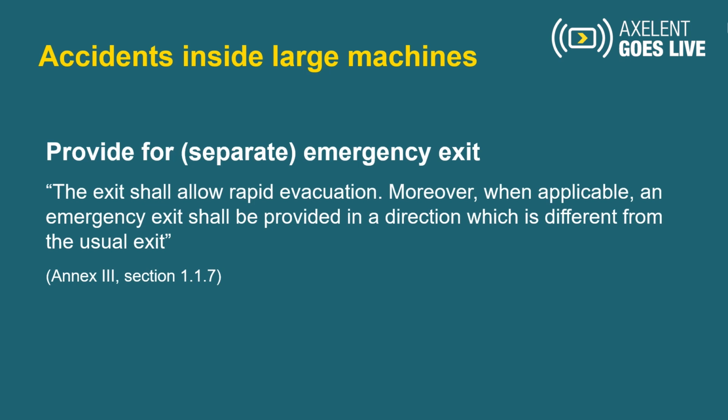One is found in Annex 3, Section 117, where the regulation says about operating positions that the exit shall allow rapid evacuation. Moreover, when applicable, an emergency exit shall be provided in a direction which is different from the usual exit. This does not directly refer to large machinery, but may be applied to it.